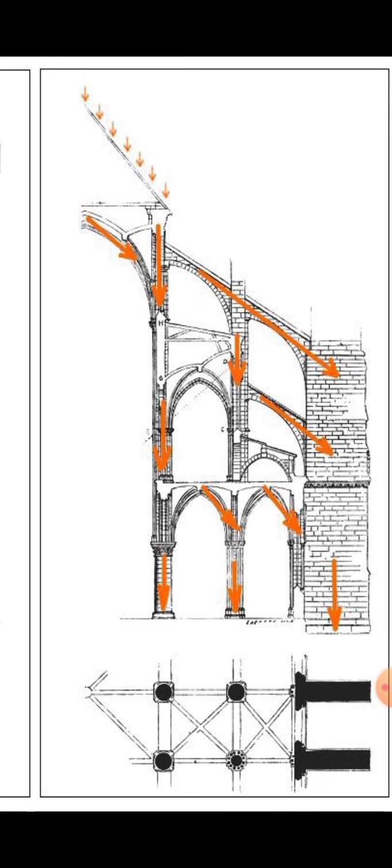Why did they need to use it? Because buildings back then had to be super huge and super tall, and they were 100% made of heavy materials such as stone bricks, sandstones, and such.